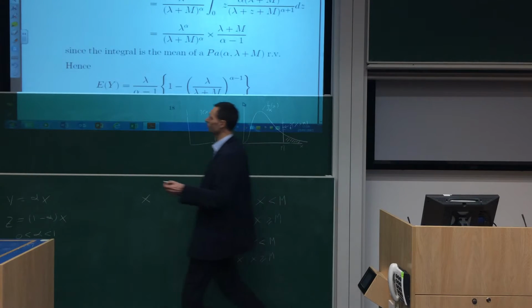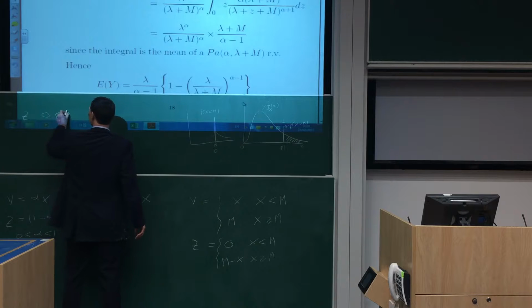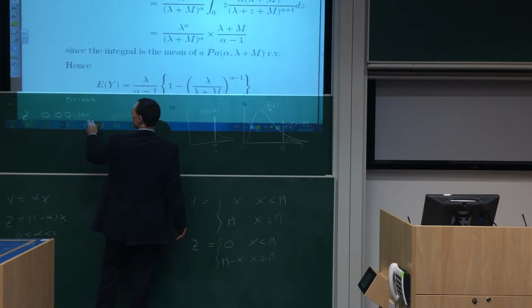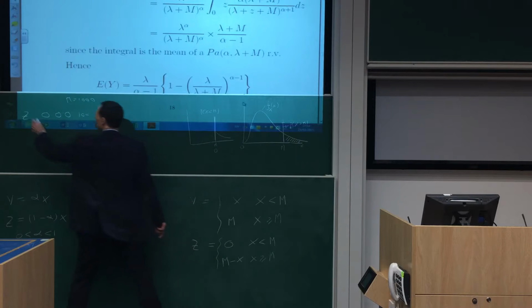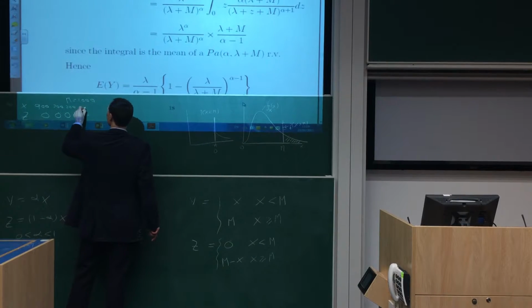So if, for example, Z looks like this, 0, 0, 0, let's say M is 1,000. Maybe I should put the X's up. So let's say there was a claim of 900, 700, 200, and then 1,100.